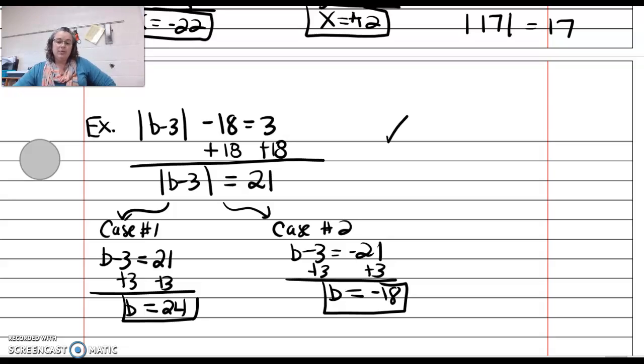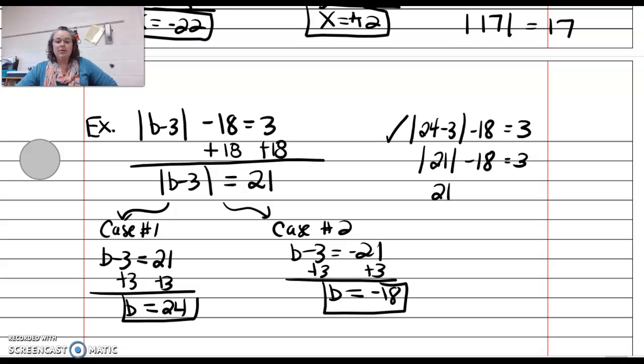And then, of course, if we double check this, the absolute value of 24 minus 3, and then minus 18, does this equal 3? 24 minus 3 is the absolute value of 21 minus 18. Absolute value of 21 is 21, minus 18. Does this give us 3? Yes, it sure does. All right, let's check the other one.